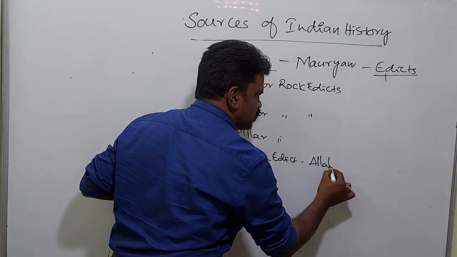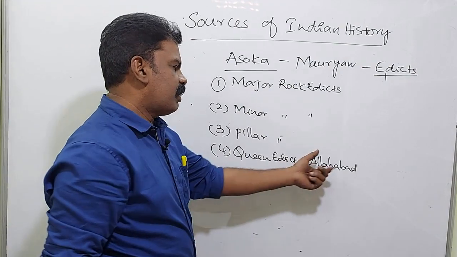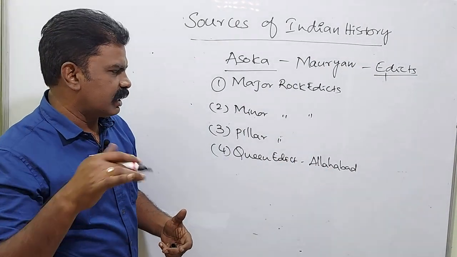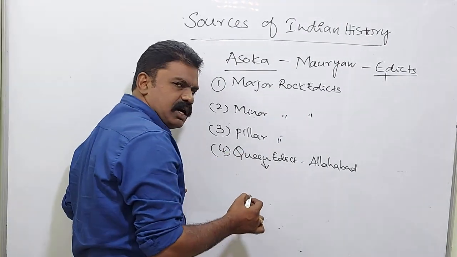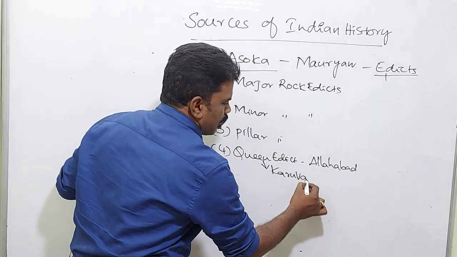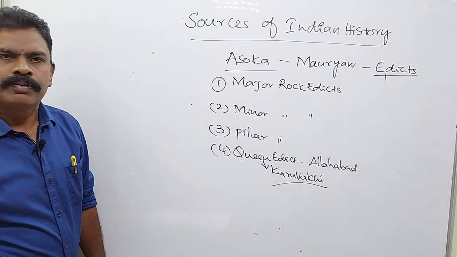At a later period it was shifted to Calcutta by Alexander Cunningham. Only one queen is mentioned in Ashoka's edicts. She was Karuvaki. We know from the inscriptions that Karuvaki was the queen of Ashoka.